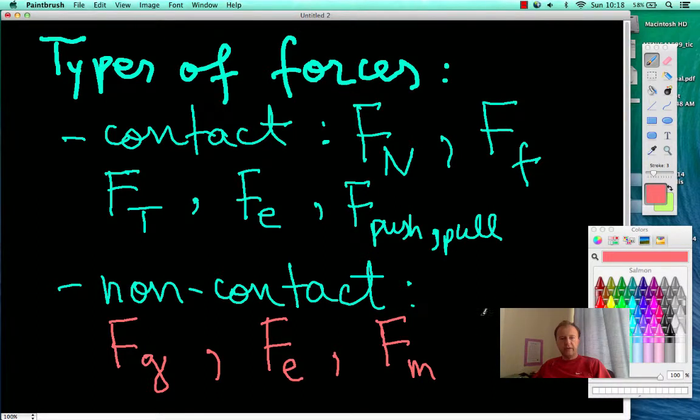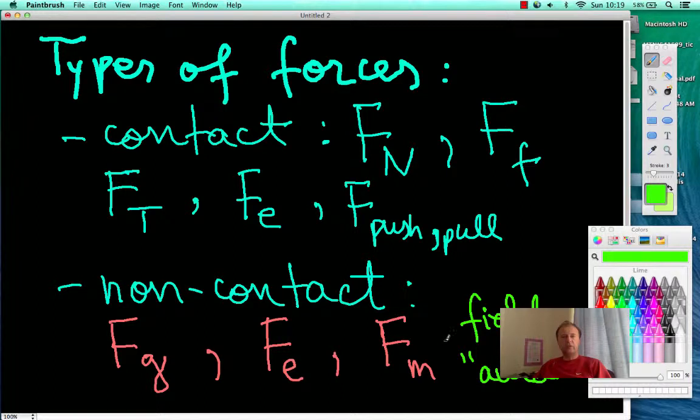So they act through a field, those three forces, or in other terms, there is some sort of an aura, you know, surrounding those two objects, and this is how they interact with each other.